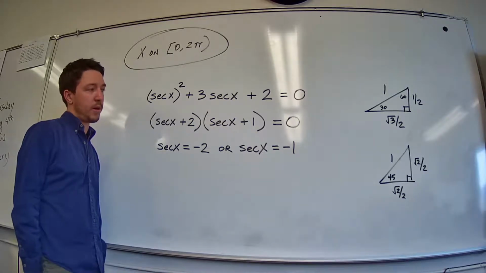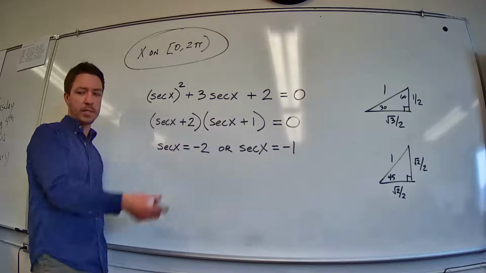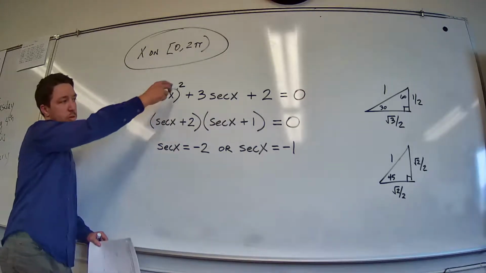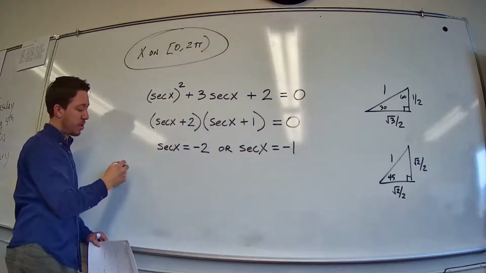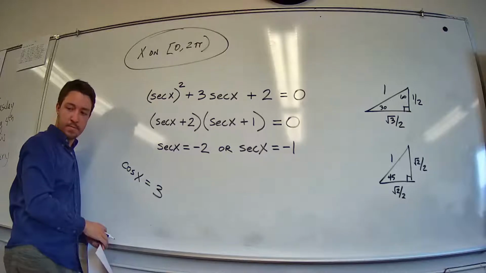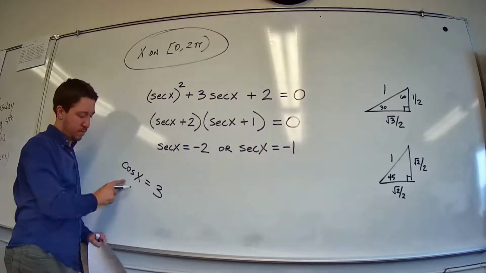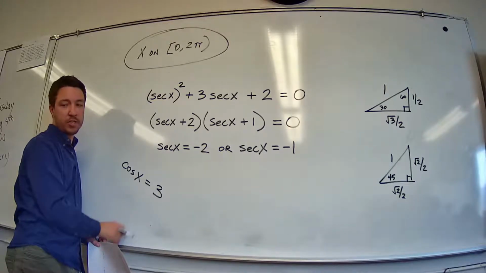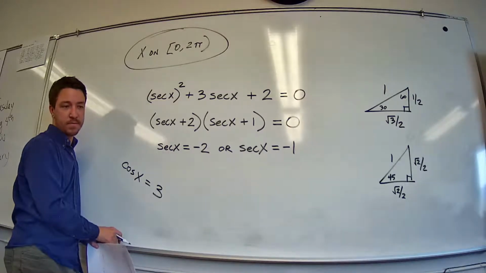Something to think about going forward: suppose you do a factorization and it goes, oh, cosine of x equals 3. What kind of solutions would that generate? None.